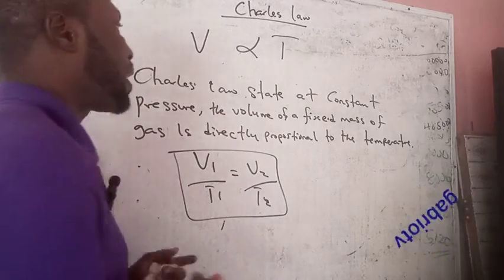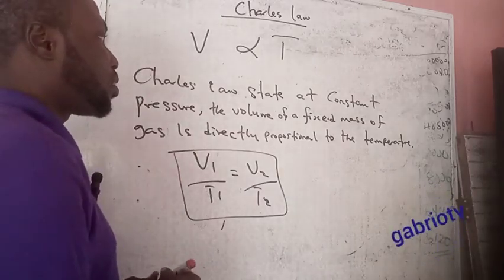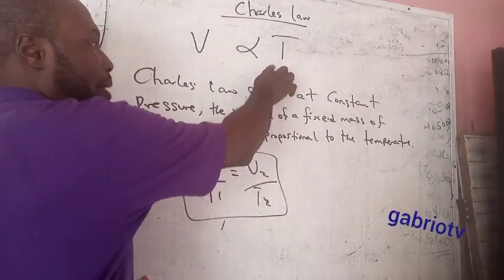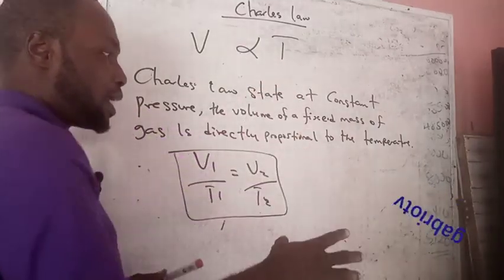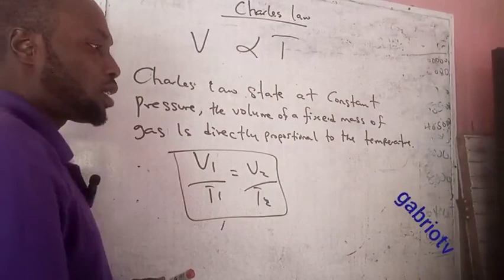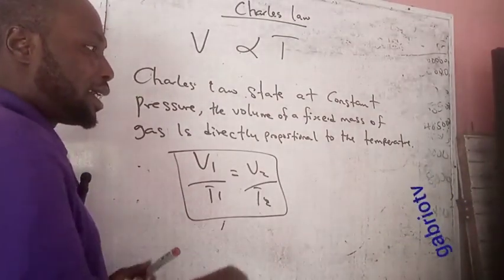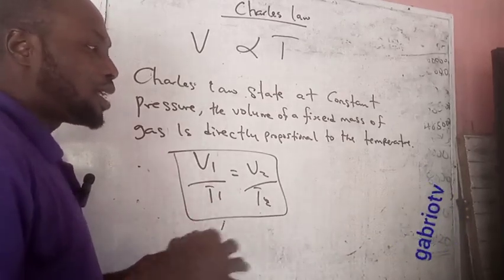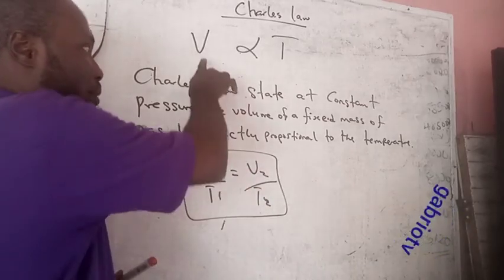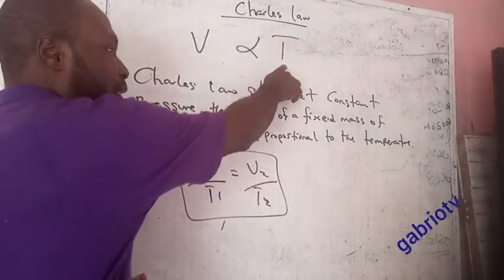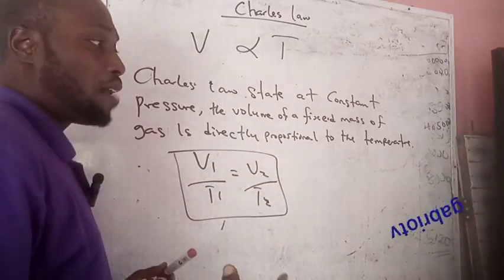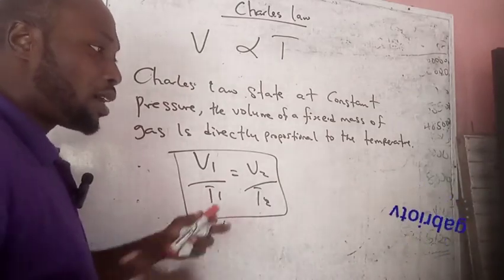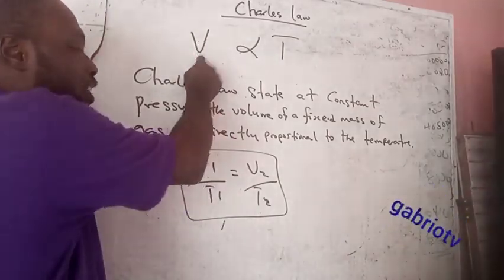The kinetic theory of matter in this situation is telling us that when the temperature decreases, the particles have a sluggish flow. You understand? But if the temperature increases, then the average kinetic energy of the particles increases, so they have more random movement, thereby reducing the volume.